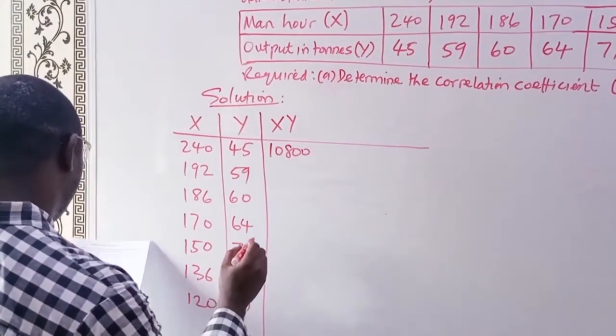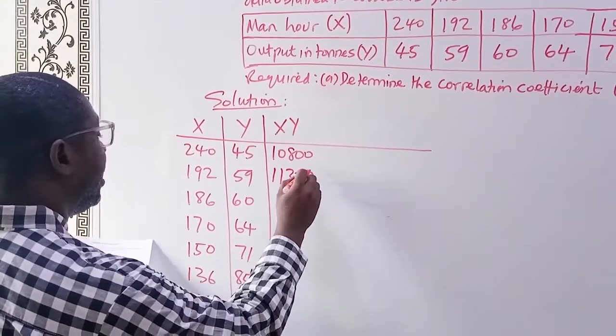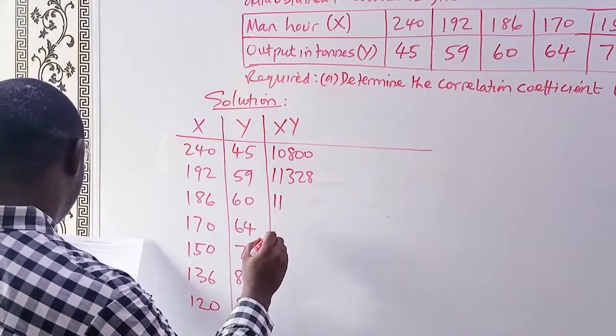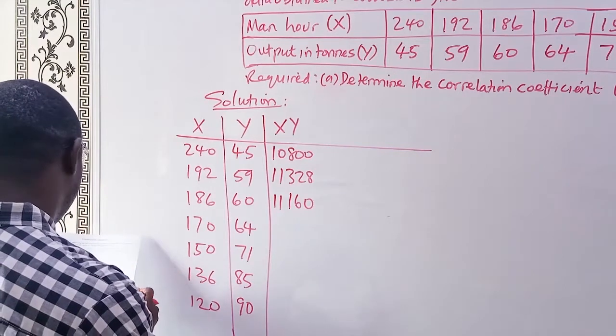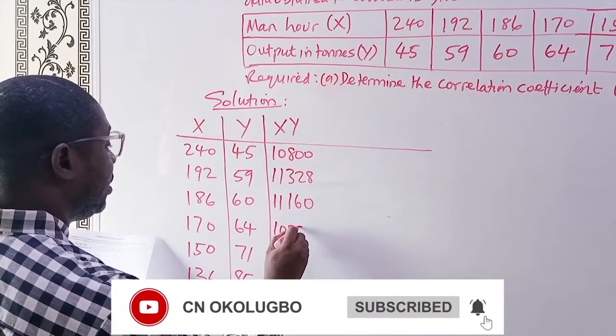The second one will give us 11,328. The third one will give us 11,160. The next one will give us 10,880.